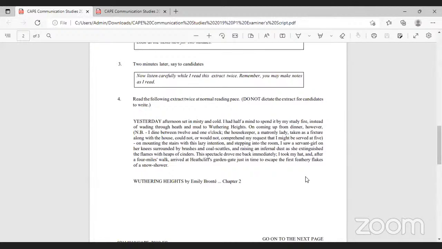Yesterday afternoon, set in misty and cold, I had half a mind to spend it by my study fire, and instead of wading through heath and mud to withering heights, on coming up from dinner, however, NB, I dined between 12 and 1 o'clock. The housekeeper, a matronly lady, taken as a fixture along with the host, could not or would not comprehend my request that I be served at 5.